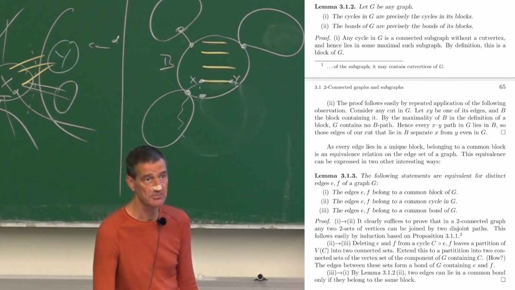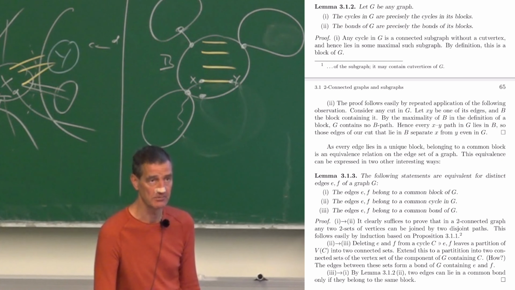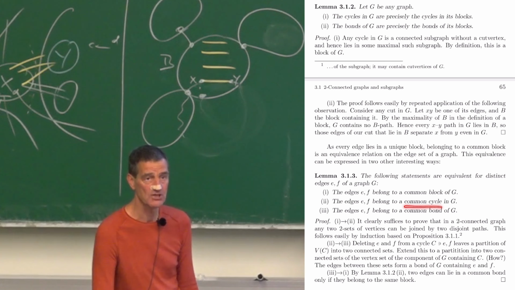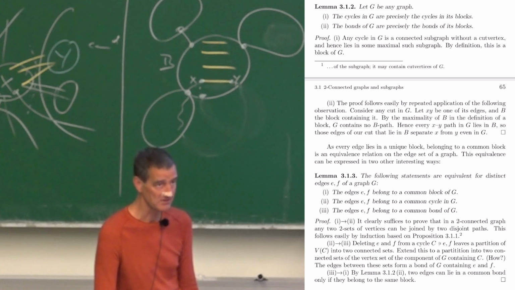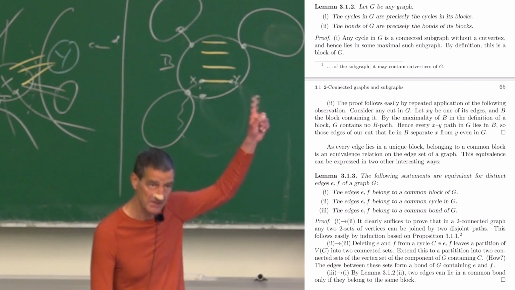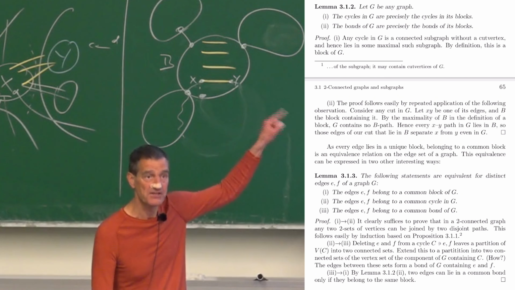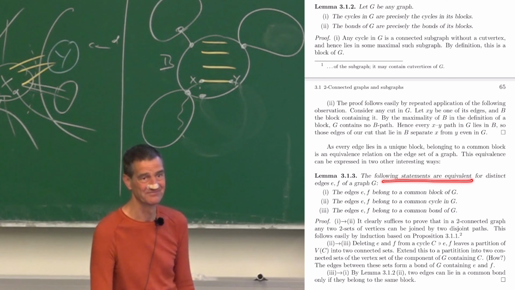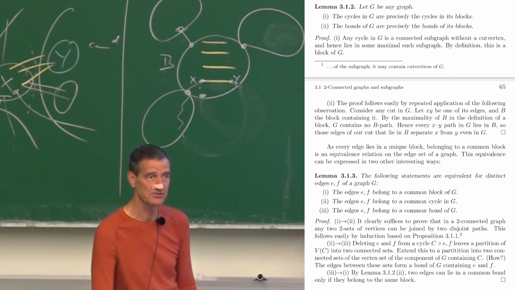Because the blocks partition the edge set of G. Belonging to some common cycle is not at all obviously an equivalence relation. Belonging to some common bond is not at all obviously an equivalence relation. But the lemma says that they are, because they mean the same as belonging to the same block. Right? So that's useful to know.